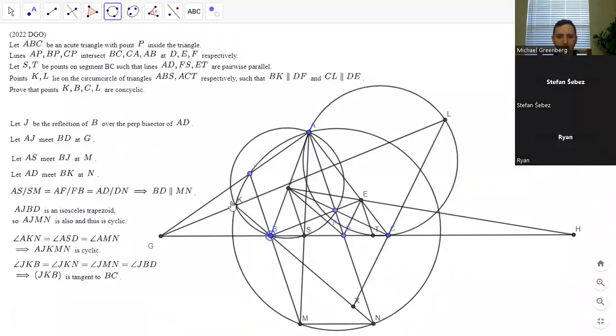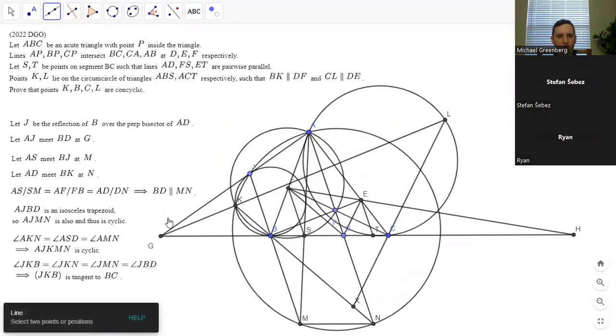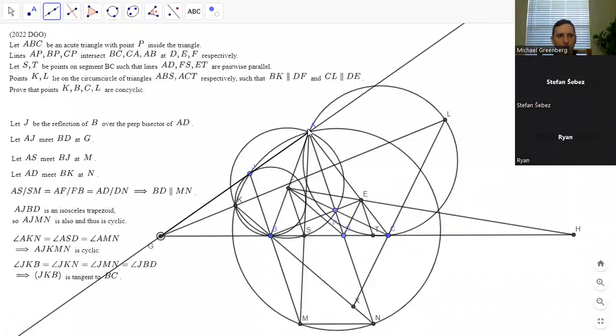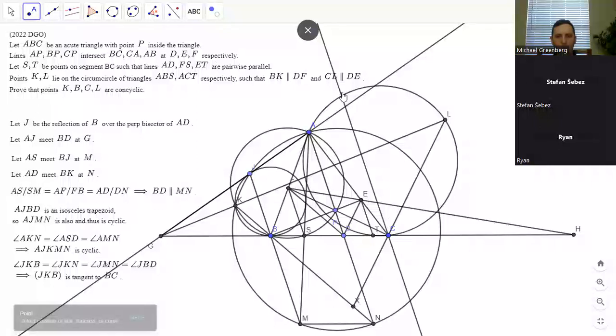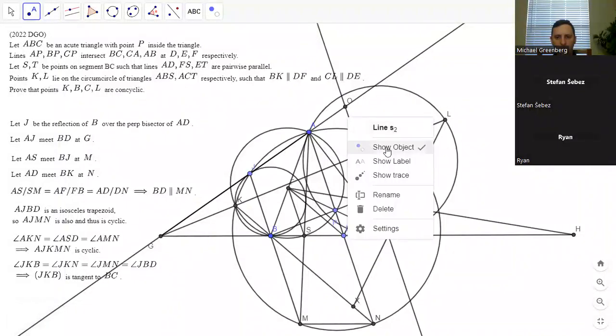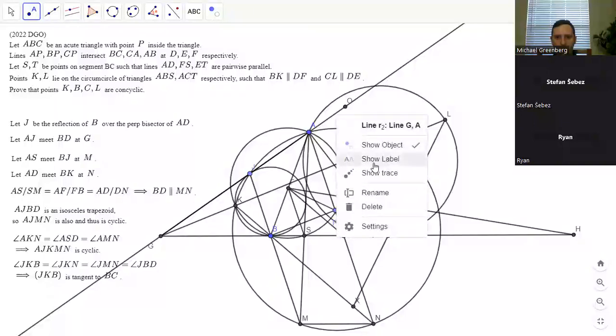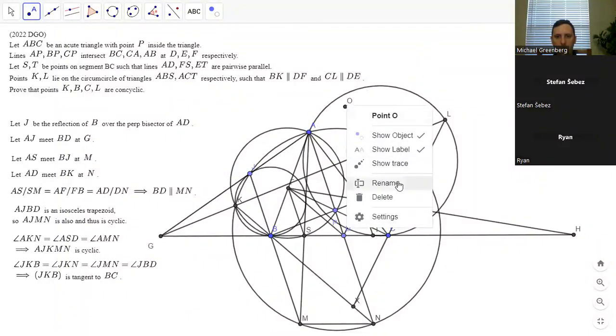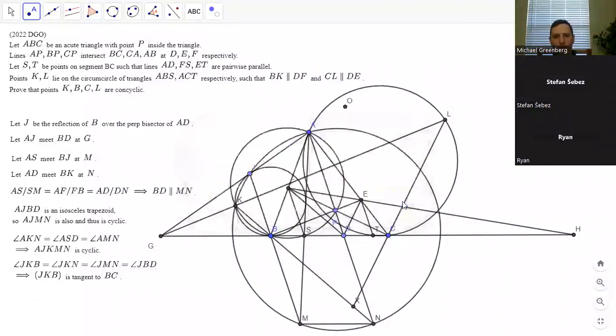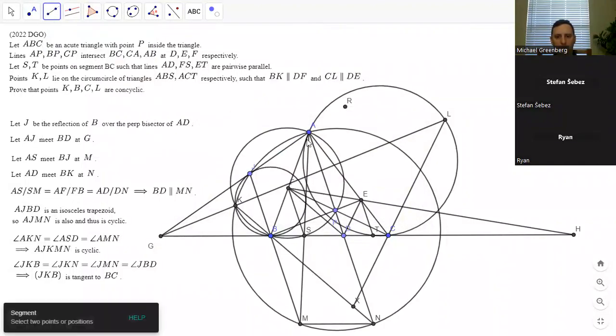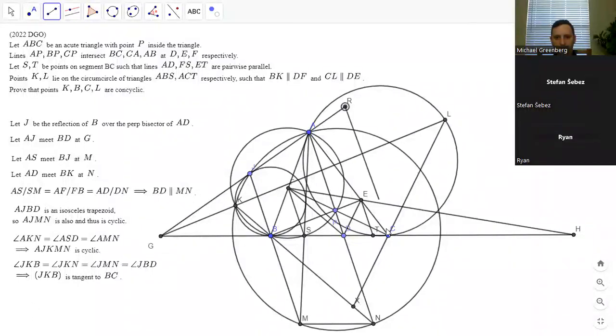Let's see. So that circle's tangent. And let's draw C prime. The circle should also be tangent, CRL.